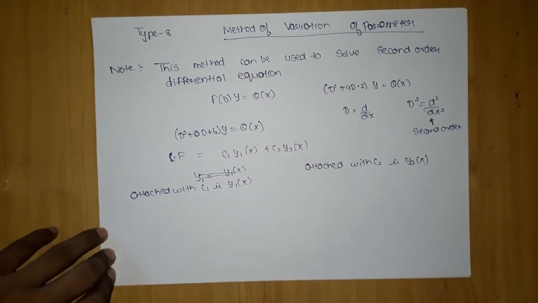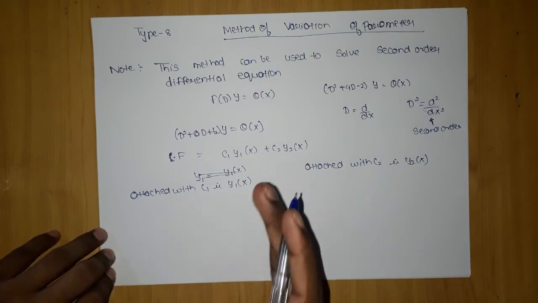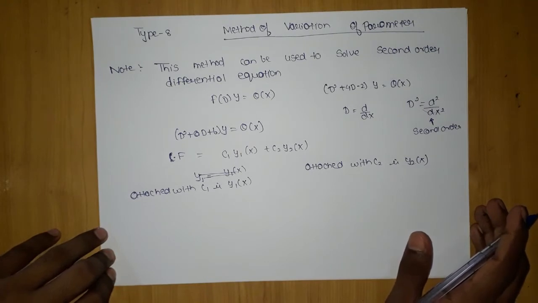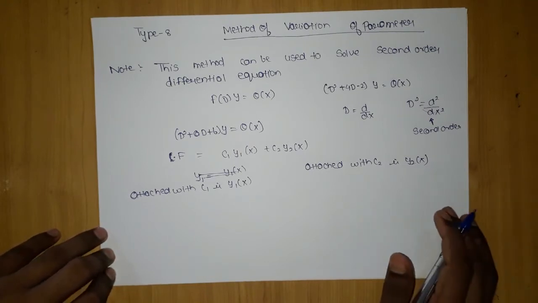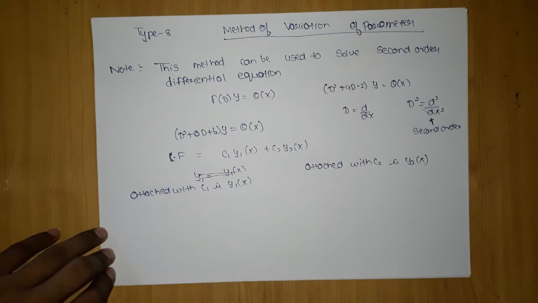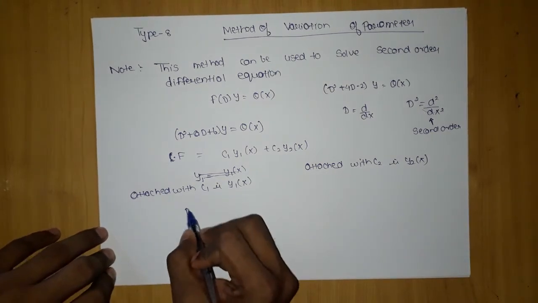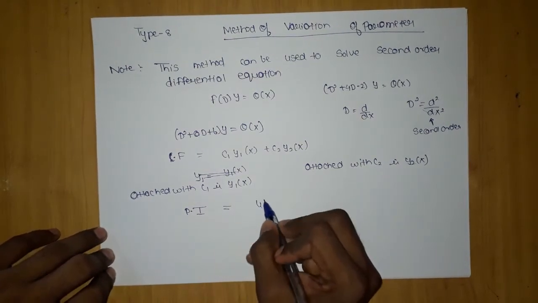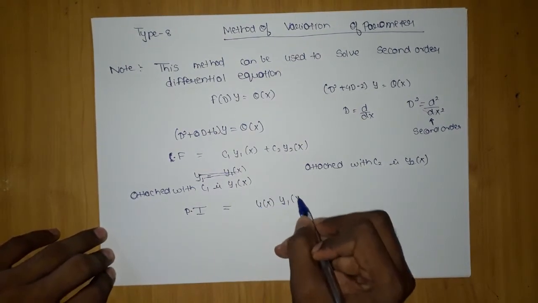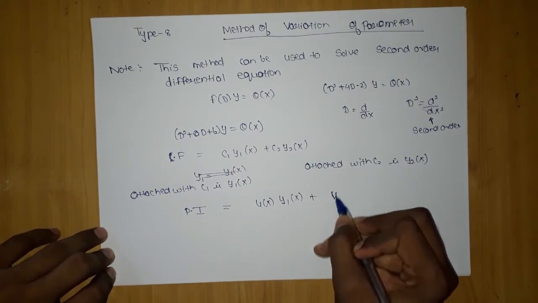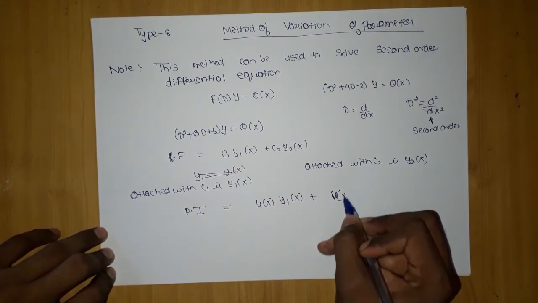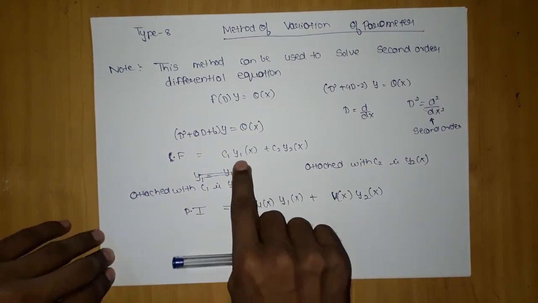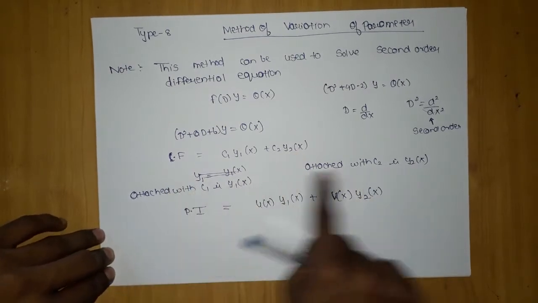Now why do we need to specify that this is y1, this is y2? We have not been doing these things from type 1 to type 7. It's important, because our particular integral P.I. is given by u(x) into y1(x) plus v(x) into y2(x). So you should be able to get y1 and y2 from the complementary function.